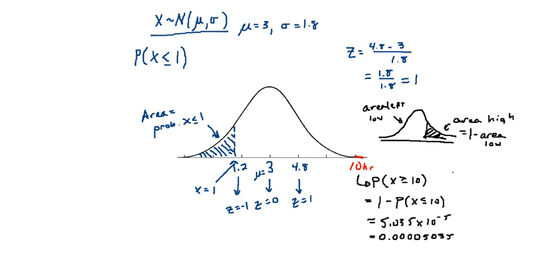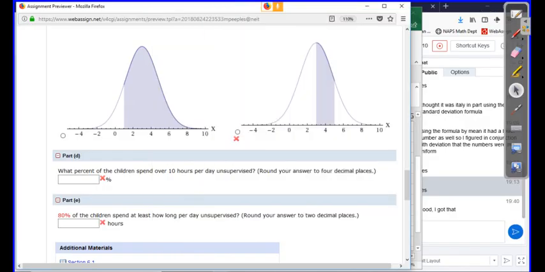So we have to go 5 decimal places to the left to get that number. What does that mean in our problem? What percentage spend over 10 hours? If we're rounding to 4 decimal places, it's going to be 0.0000. That can happen, right? It's almost impossible to find 4-year-olds that are more than 10 hours per day.